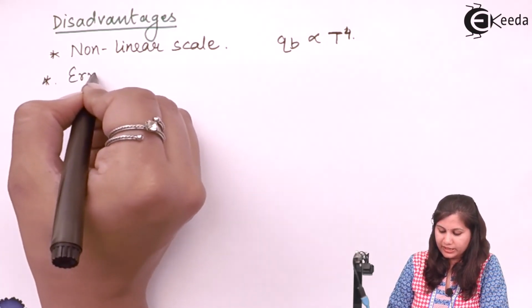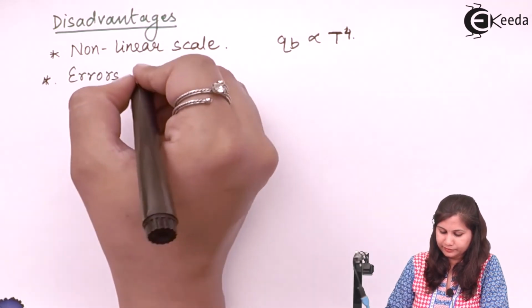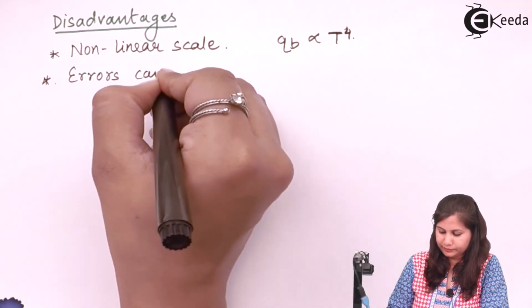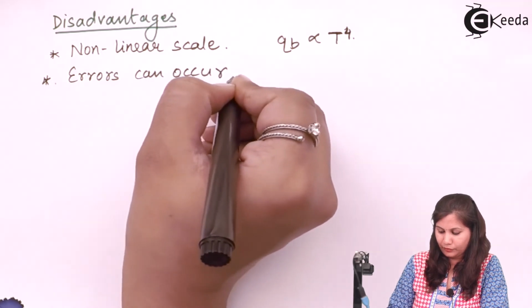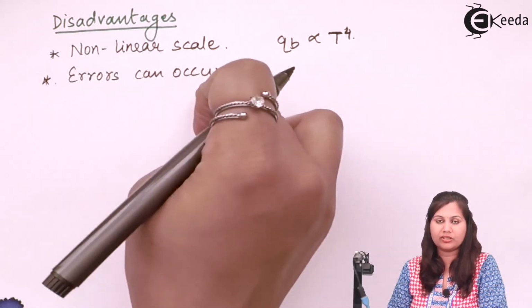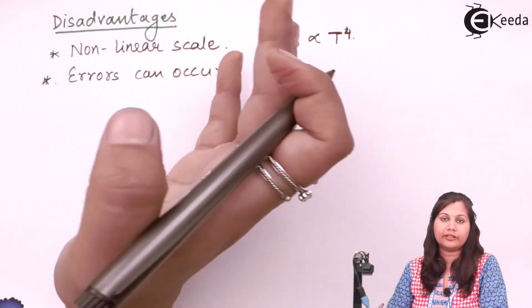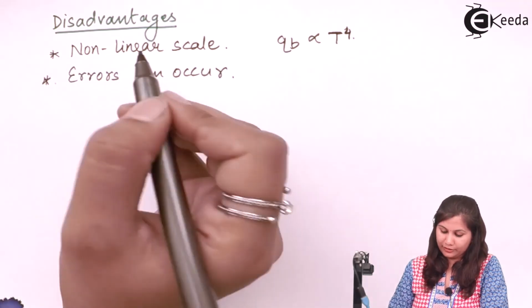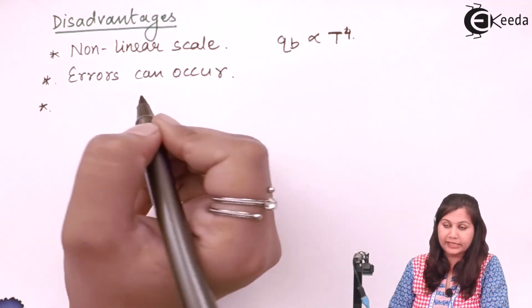Also, errors can occur in it due to the environmental conditions, and there are many factors due to which errors can occur in the radiation pyrometers. So that is also a disadvantage.